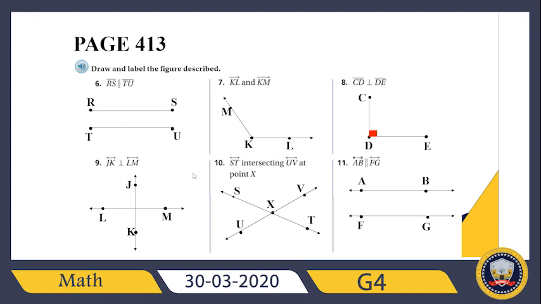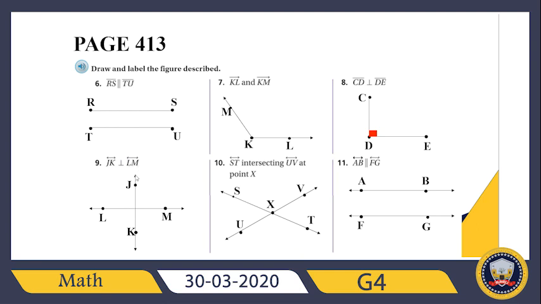Good. What about question 9? What is it? A line, right? Line JK. What about this? Perpendicular to line LM.